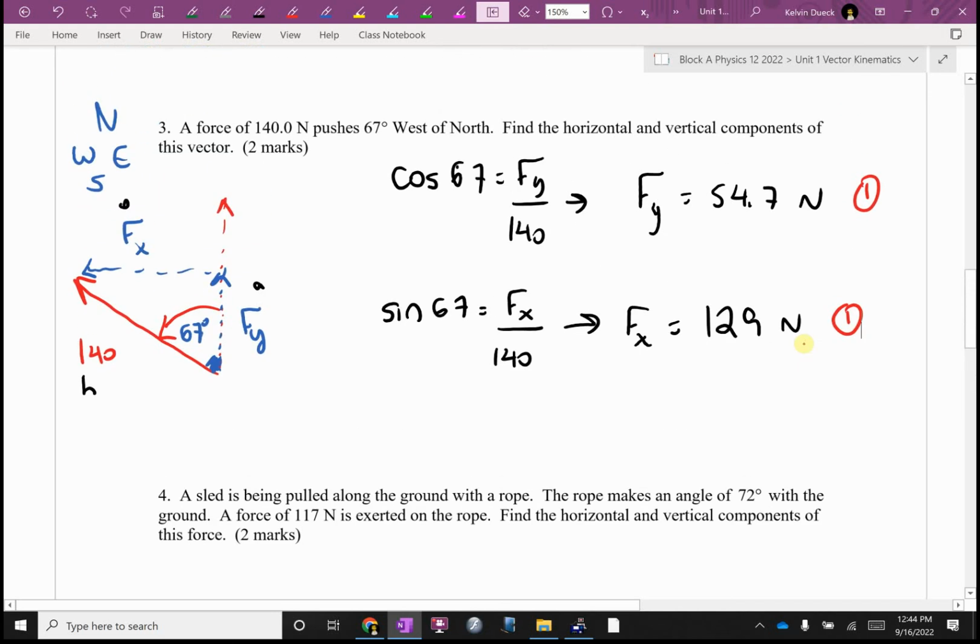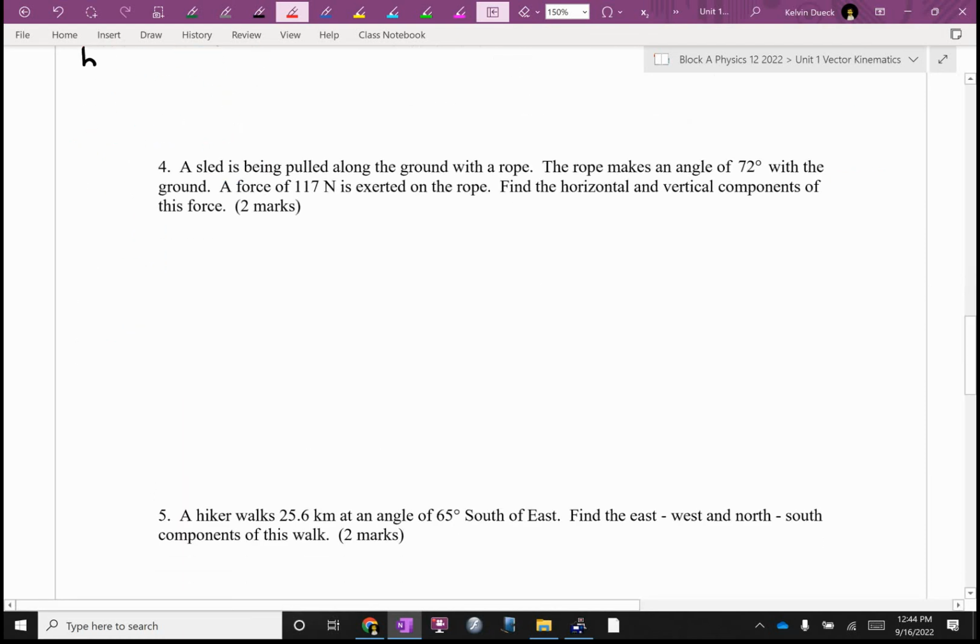Now, it didn't specifically say directions. This is to the left. You could call it west or negative. Usually for components, we're finding the magnitudes, and then when we redraw them as vectors, we'll bring in the directions. But if you put a direction in there, it's not wrong.